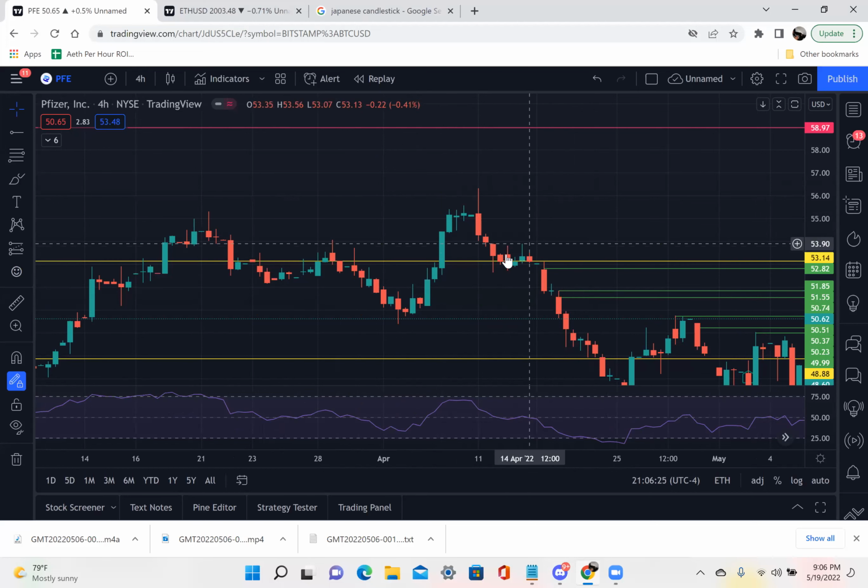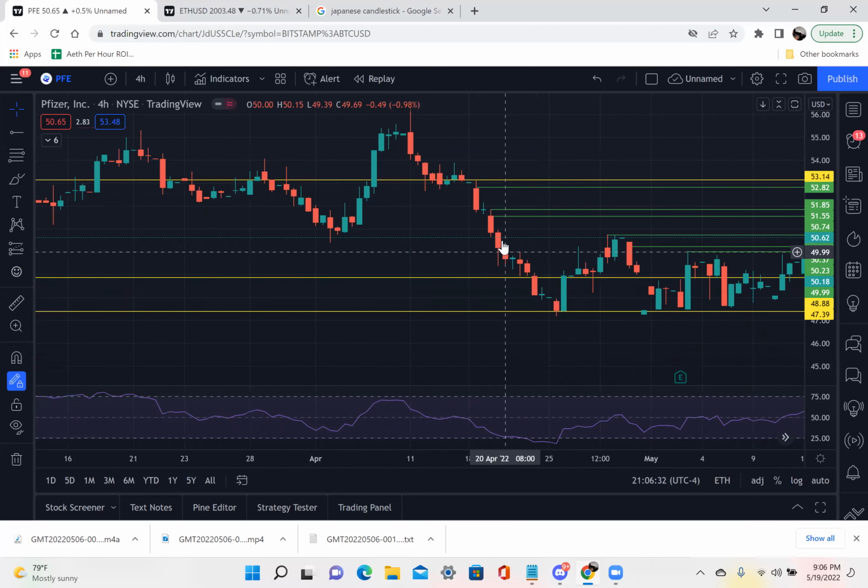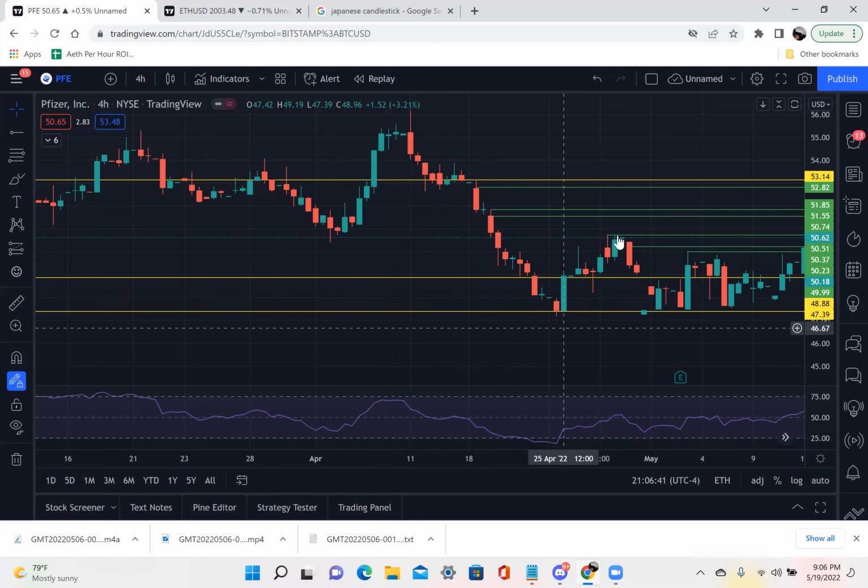These are all fake pops and consolidation. Lower lows, lower lows, lower lows. And even right here on some consolidation on a smaller time frame, lower lows, lower lows, lower lows. And that's how you identify if you're in an uptrend or a downtrend.